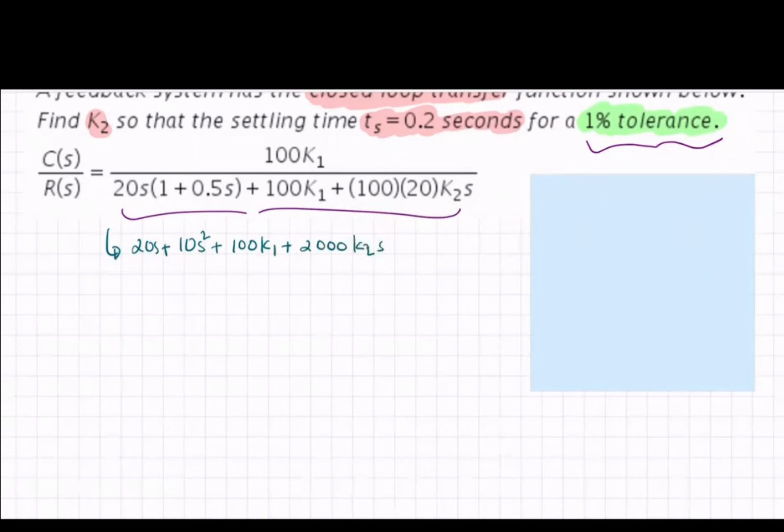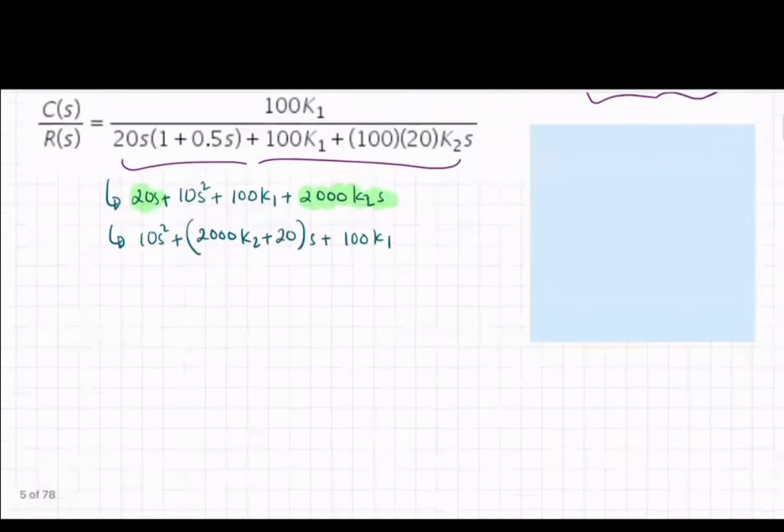And you can see here, I have an s term here and another s term over here. So let me put them together: 10s squared plus, I can write 2000 k2 plus 20, of s, plus 100 k1. And remember that our characteristic equation is this.